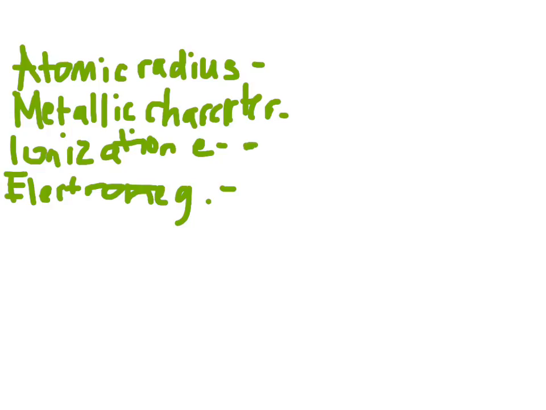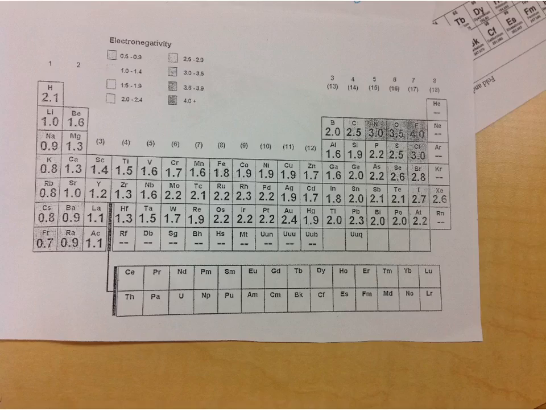Alright, so basically, we're going to go back over here and I'm going to explain to you what everything is. So for the atomic radius, I'm going to do red. I'm going to do increases for every one. But you have to know the arrows for each one. This is kind of hard because in my notes it says increases down a group and decreases across a period.